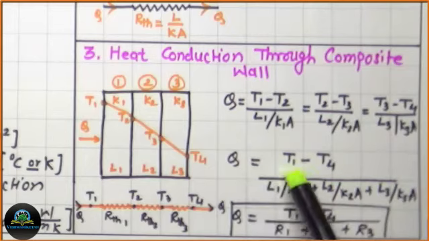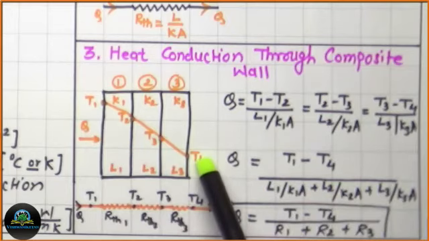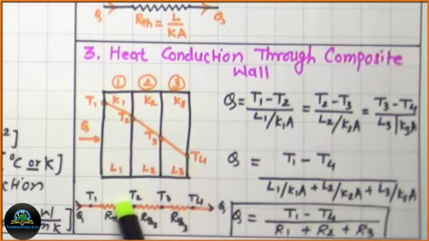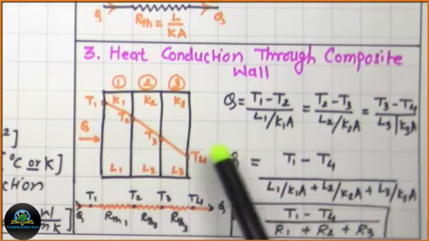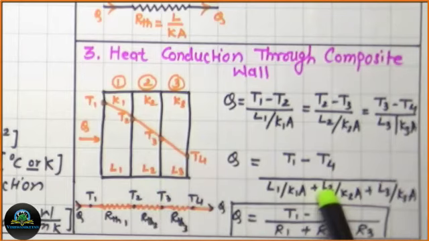The formula is Q equals T1 minus T4 upon the first resistance, that is L1 upon K1 into area, plus the second resistance, that is L2 upon K2 into area, plus the third resistance, that is L3 upon K3 into area.